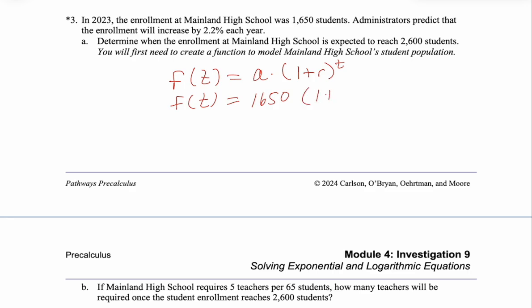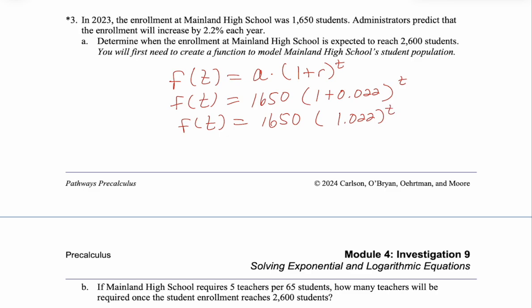The rate was 2.2%. Let's write that as its decimal equivalent. Just move that decimal 2 places to the left. That's why we got 0.022, and then t. And so our function for this particular situation would be 1650 times 1.022 to a power of t.